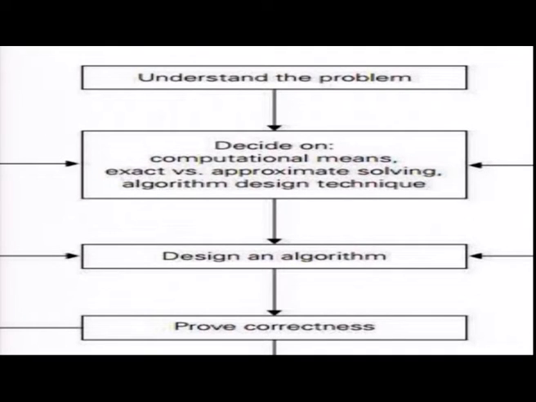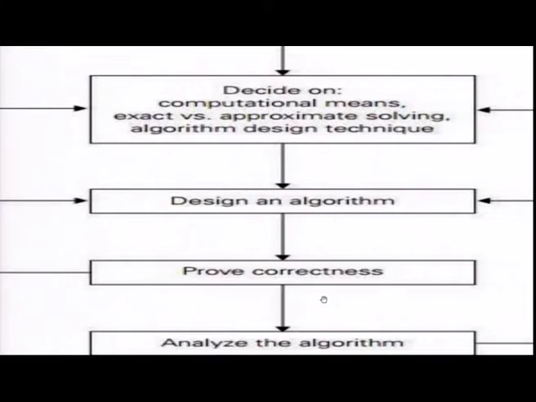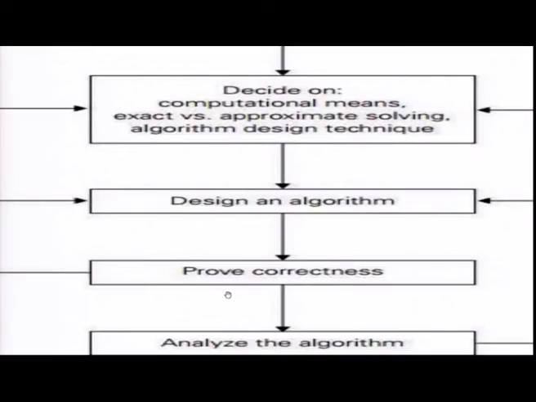So, we are supposed to check it out. When we are checking it, we are supposed to prove the correctness of the algorithm. Whether the logic that you have used is correct. So, the logic, the design has to be proved for correctness.